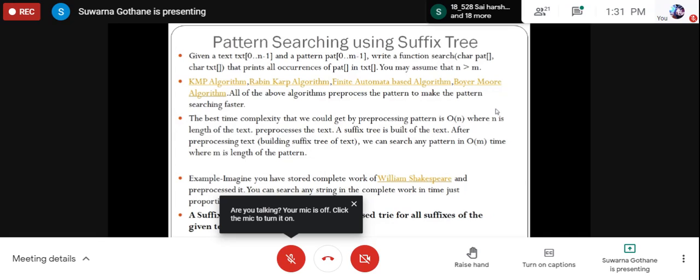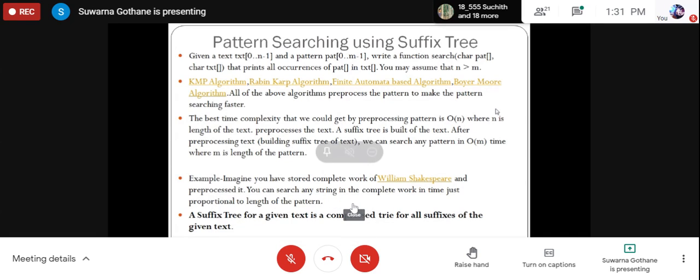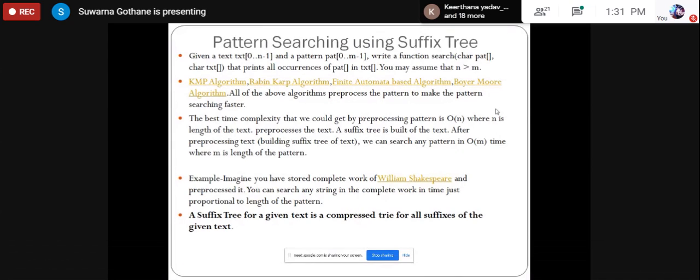But if it is 50 pages, or 100 pages, or 1000 pages, then the time required to calculate where exactly your pattern is will vary. That's why it is written as O of n. N represents the size of your document, or the size of the paragraph in which you are performing this check. That is the time complexity.